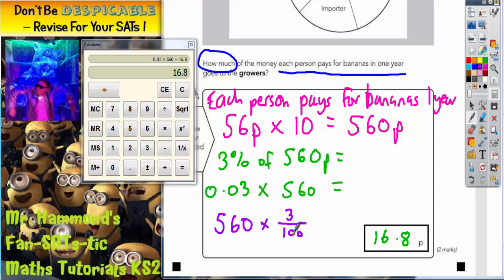Well, 3 hundredths is the same as 3 divided by 100. So you could do this: 560 times 3 divided by 100. And just to prove to you that it still comes out to be 16.8, 560 times 3 divided by 100. There you go, 16.8. So your final answer, 16.8 pence.